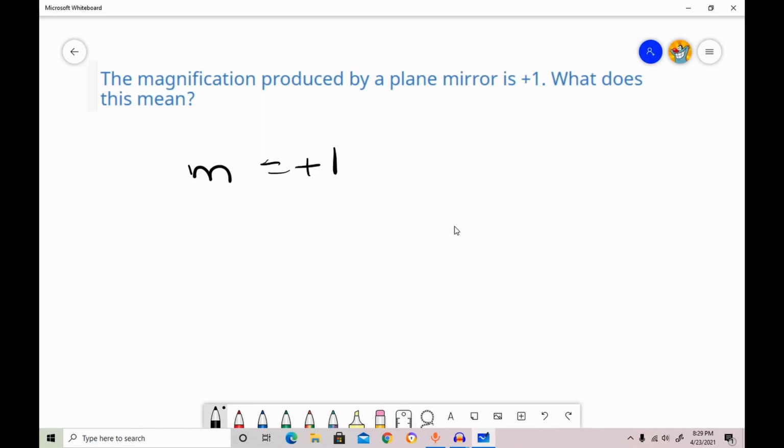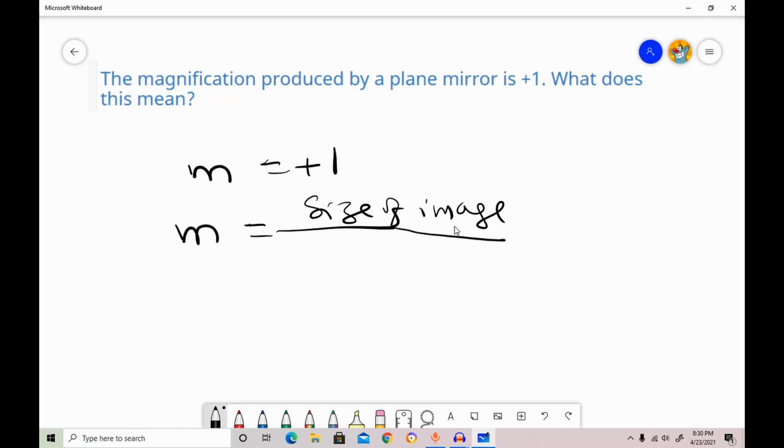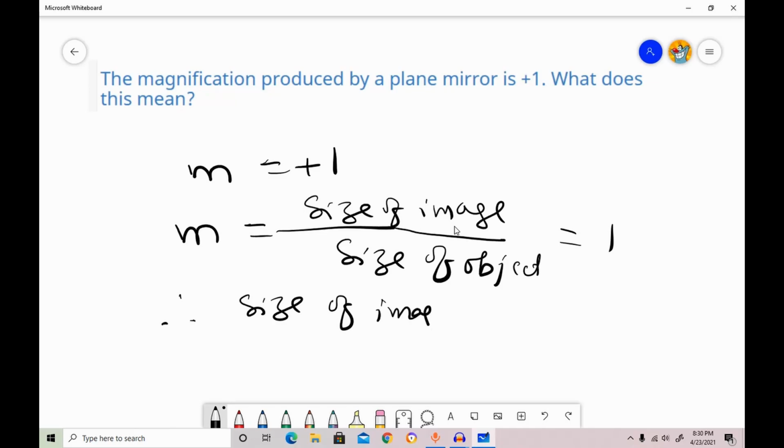So just write the formula. Size of image divided by size of object equals 1. Therefore, size of image equals size of object. That's all.